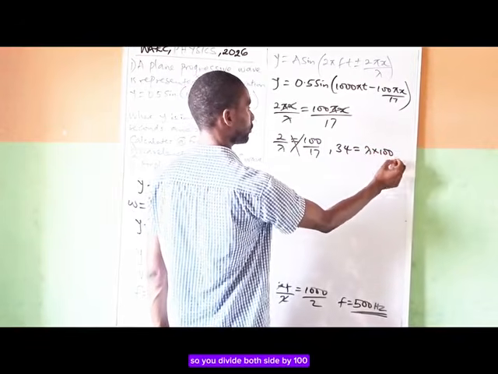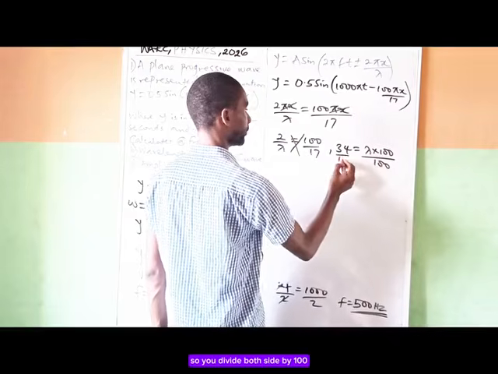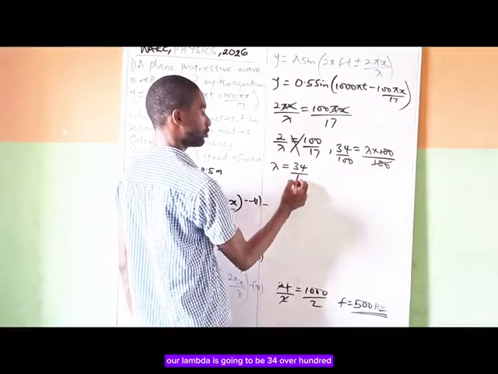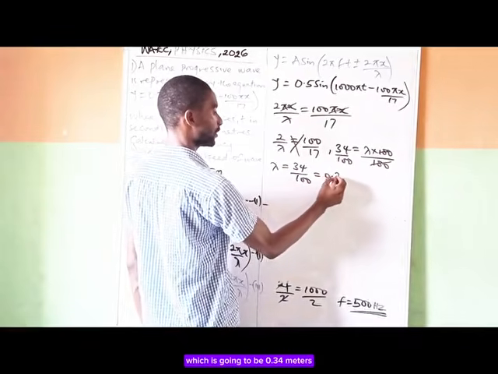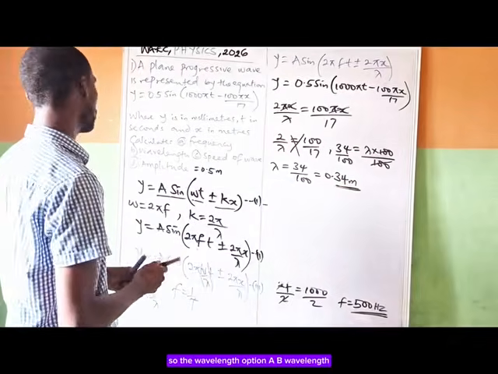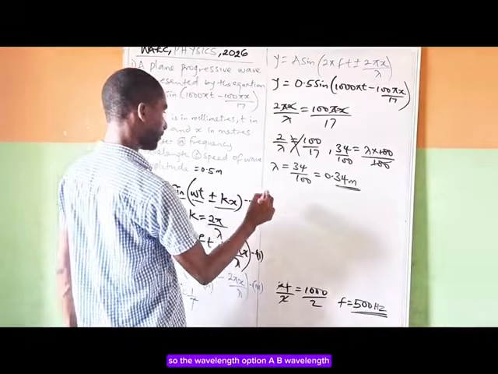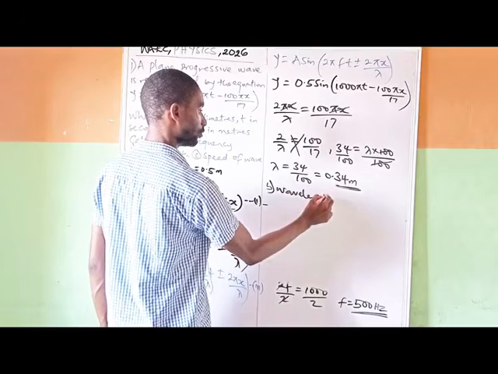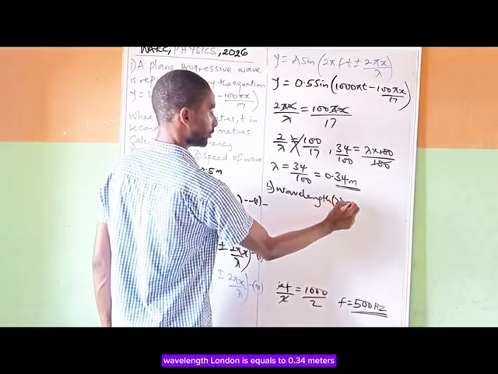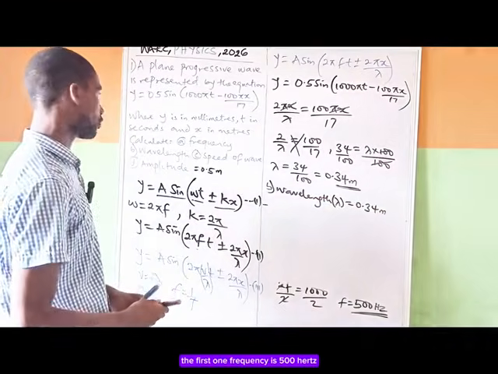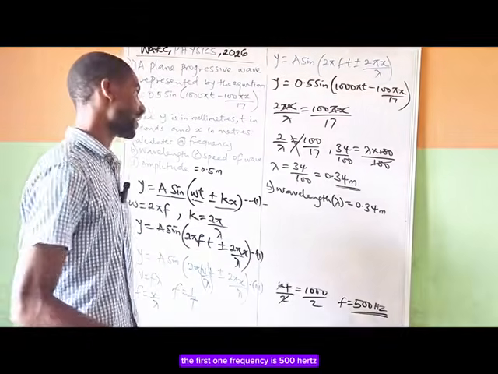Divide both sides by 100, and λ is 34 over 100, which is 0.34 meters. So that is the wavelength. Option B, wavelength λ equals 0.34 meters. The first one, frequency, is 500 hertz.